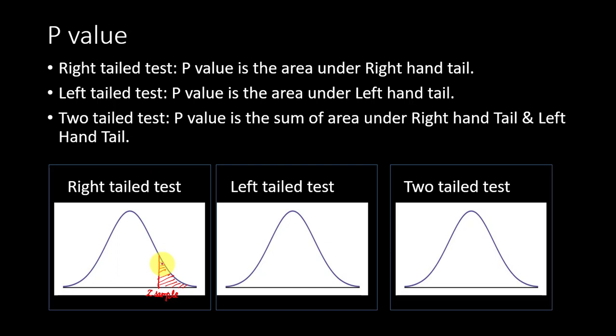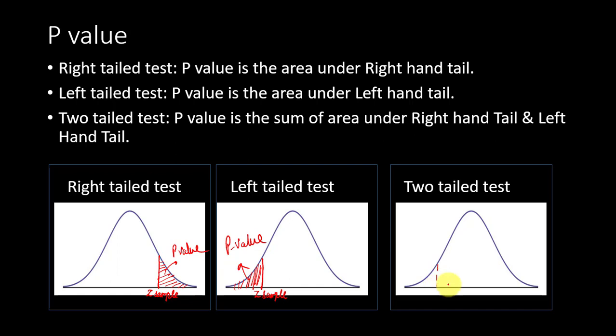Okay. In case of left tail test, what would be the p-value? P-value would be the area under the left hand tail. Here z sample is this, so this would be the p-value. Now in case of two tail test, p-value is the sum of the area under the right hand tail and the left hand tail.